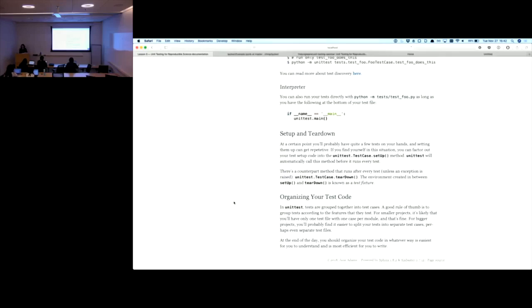What I want to do for the next half hour, until 3:45, is give you all an opportunity to individually work on writing, even if it's just one unit test, a test for some piece of your own code. Again, the only way that you're going to get good at this is by practicing. It is painful to start, but you get the hang of it really quickly as long as you keep doing it.